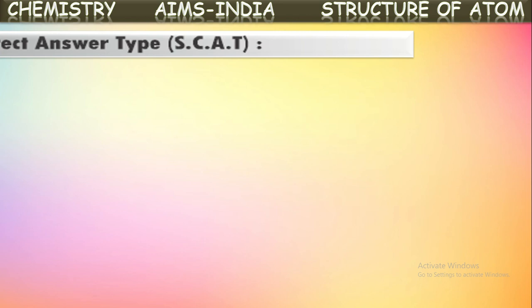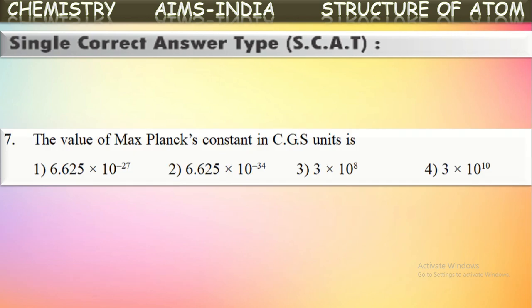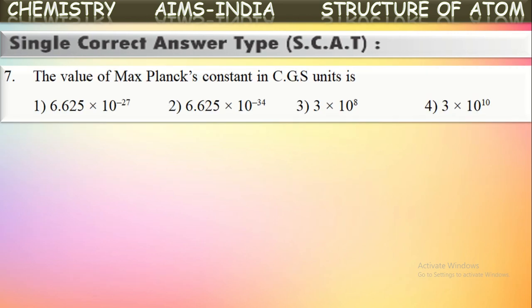Okay. Next, single correct answer type questions. See the first question here. The value of Max Planck's constant is... just now we told the Planck's constant h value is 6.625 into 10 to the power of minus 34 joule second.